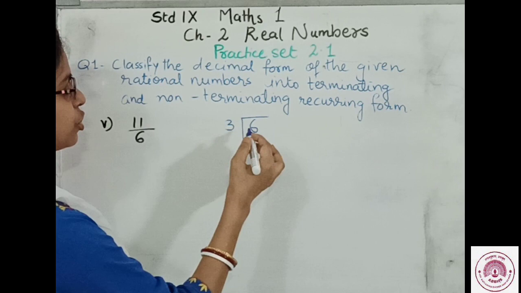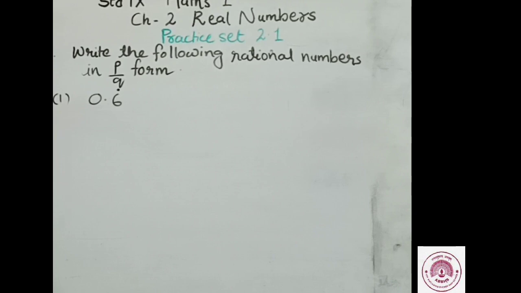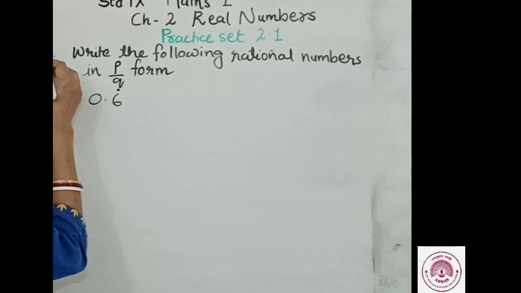So this rational number is converted into its decimal form. Therefore, 127 upon 200 is equal to 0.635.